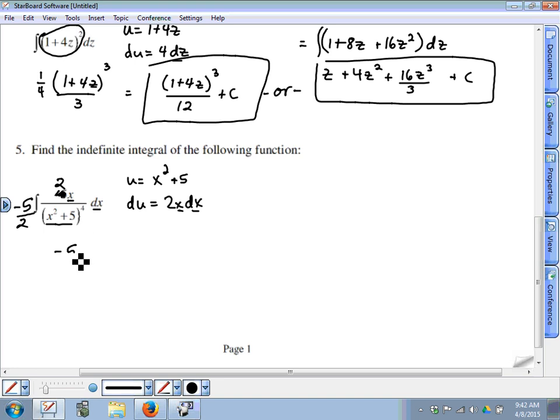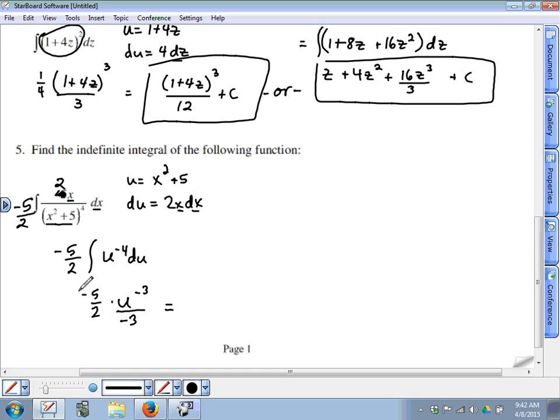So we're going to have negative 5 halves times the integral of du over u to the 4th. So I'm going to change this into u to the negative 4 du. And I'll just use the general power rule of integration. We're going to get negative 5 halves times u to the negative 3 divided by negative 3.